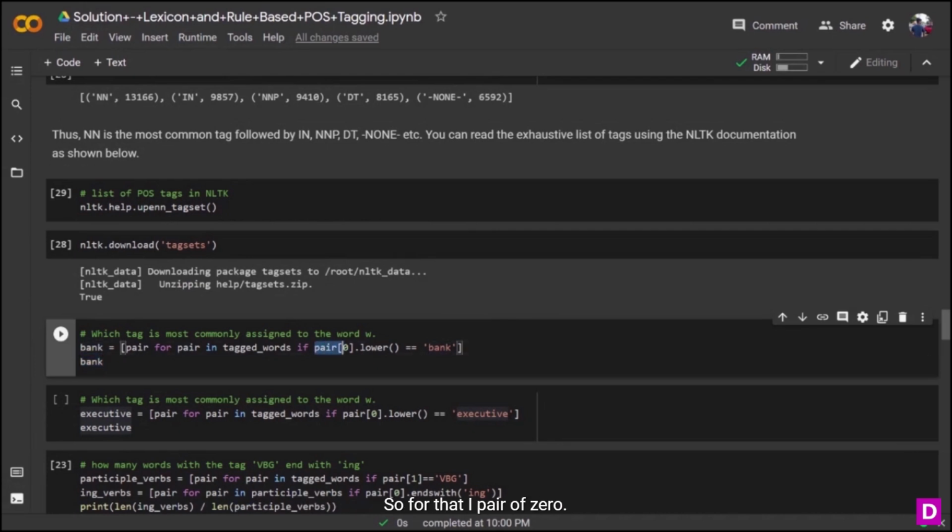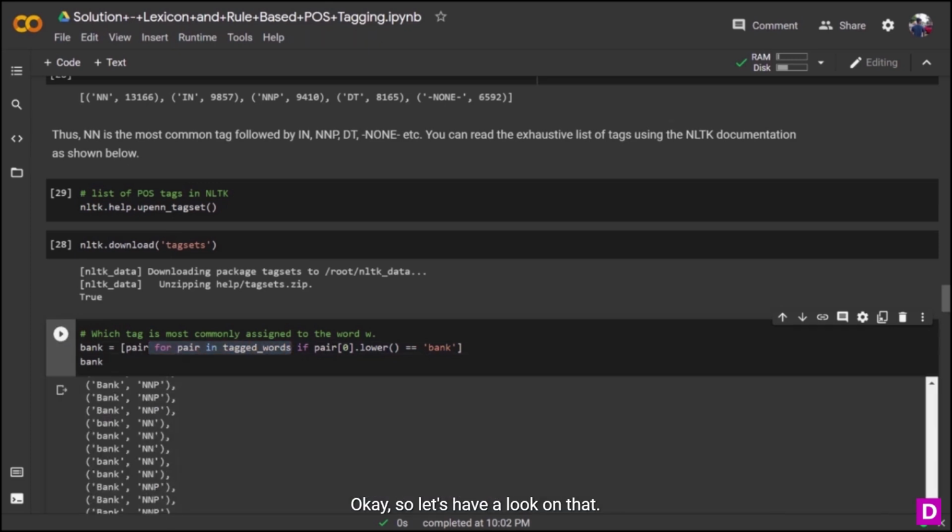For that, pair of 0 will extract only the word, and I'm going to convert that into lowercase. And if it is bank, then I am going to get the tag associated with it. Okay, so let's have a look at that.